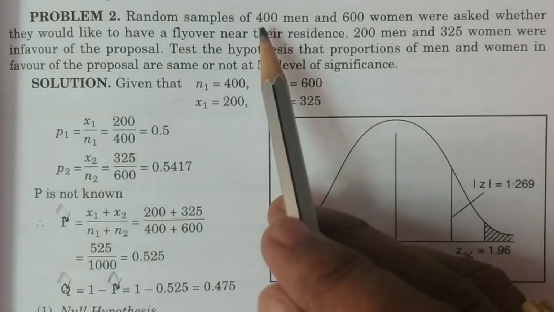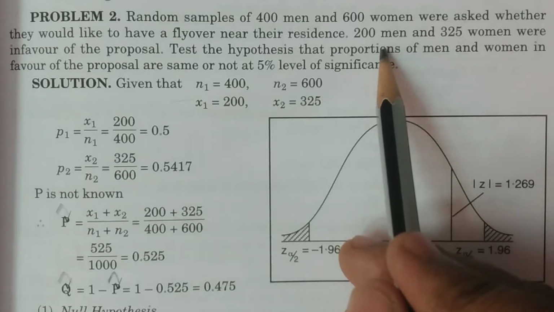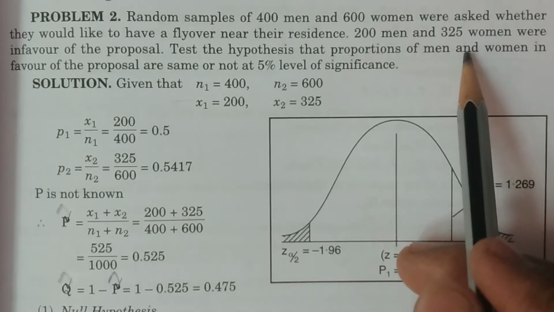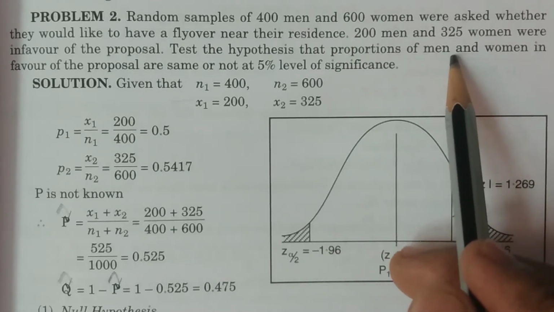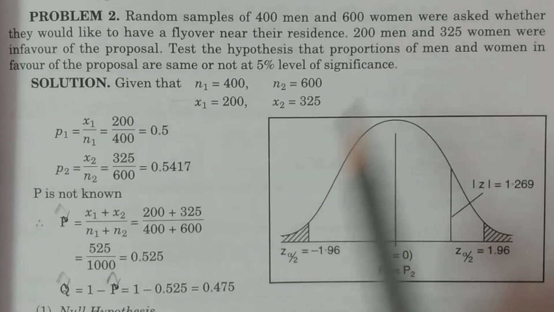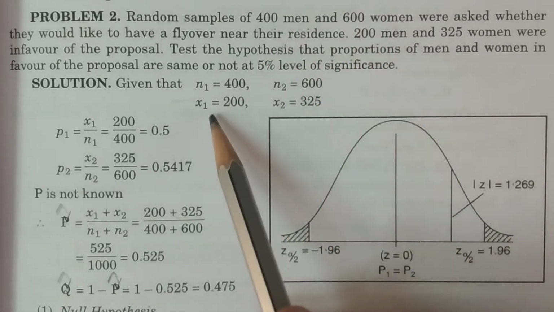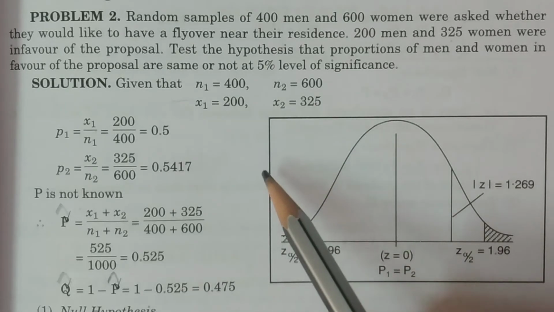Out of 400 men, 200 men agreed, and out of 600 women, 325 women are in favor. That is x1, x2 values. You see here, n1 is 400, n2 is 600, x1 is 200, x2 is 325. That's all. The problem is almost finished.